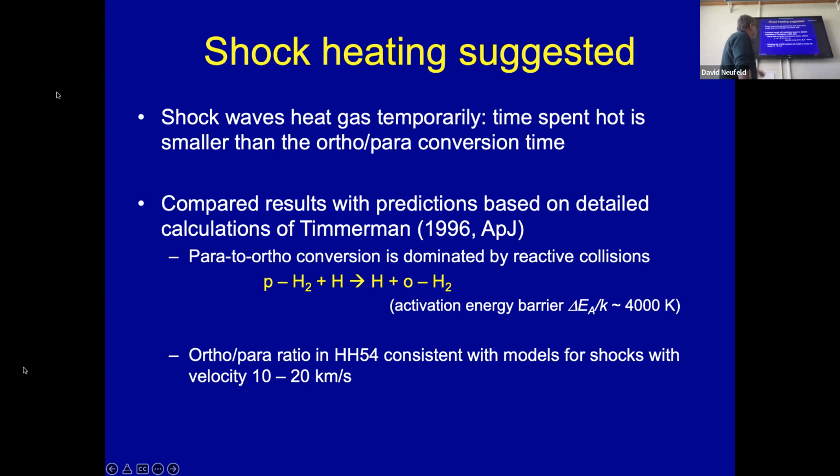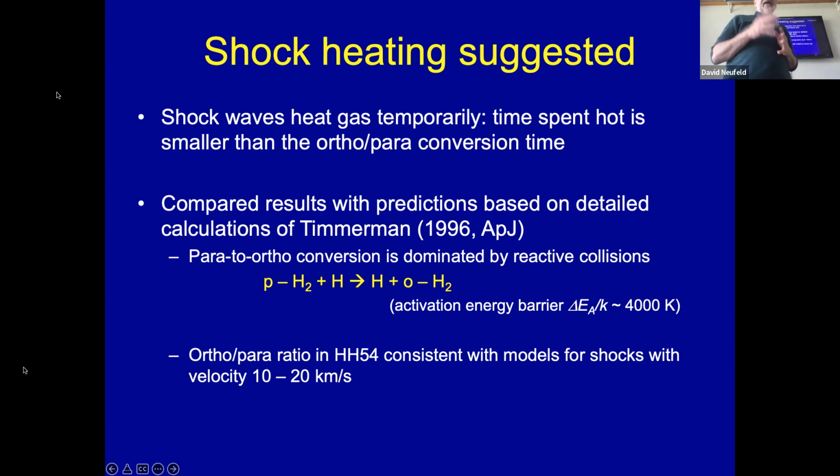What you need to know really is the density of hydrogen atoms, because that's what's doing this conversion. And you need to know the temperature, because this has an activation energy barrier that's been estimated as corresponding to about 4,000 Kelvin. So if the temperature of the gas was only 400 Kelvin, let's say, this would be really slow and there wouldn't be enough time.